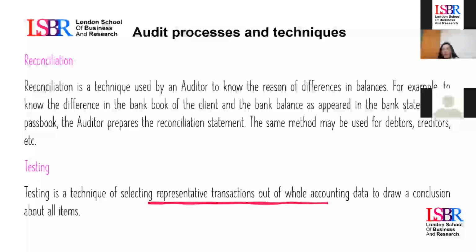Other is reconciliation. Reconciliation is getting two different papers from different sources and then comparing them. For example, if we review the bank statements and the bookkeeping of the company, and we detect that the figures are the same, this could be another way to collect evidence.